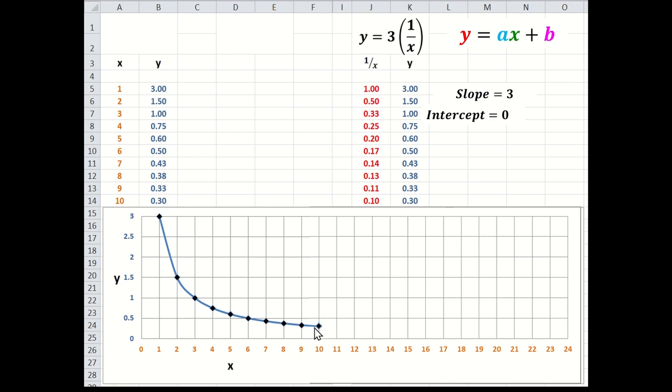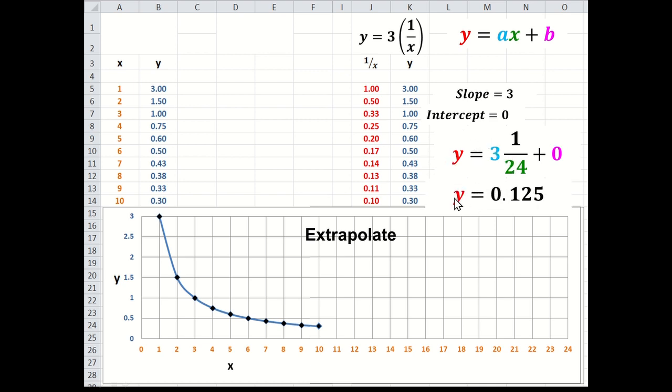So if I took data from 1 to 10, but I want to figure out what's going to happen way out here at 24, once I got the equation, I can just plug in 24 for x, multiply by 3, add 0, and it would tell me that y is that number there, 0.125. Finding data beyond what we measured is called extrapolation, or to extrapolate.